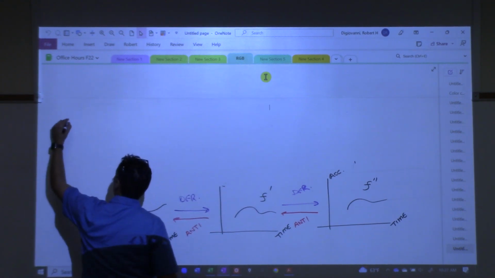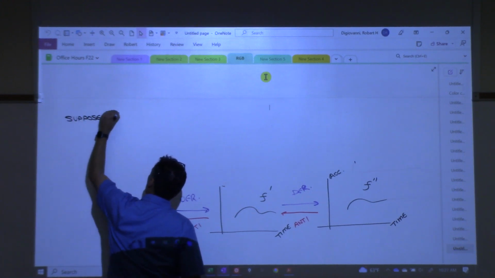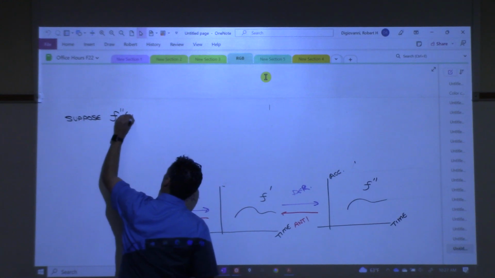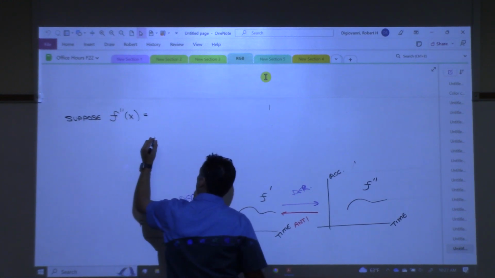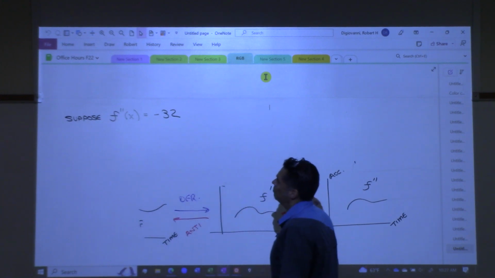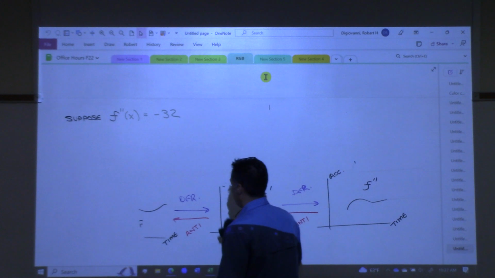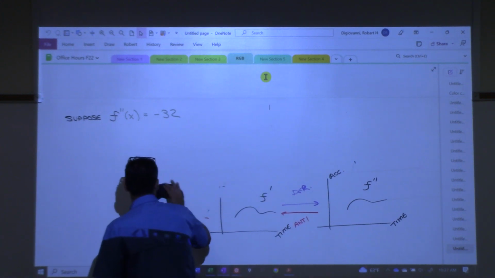Suppose f double prime of x is, let's go, negative 32. I'm just making this up. That's a constant function, isn't it?